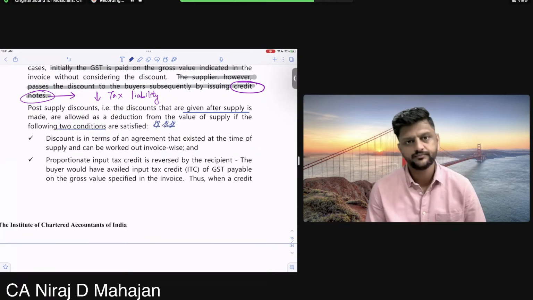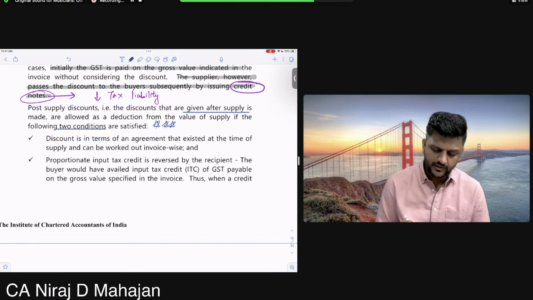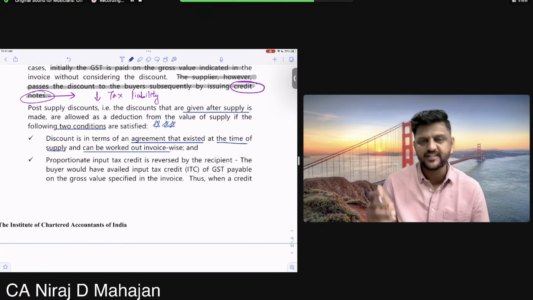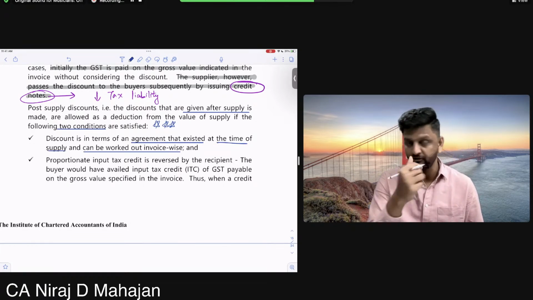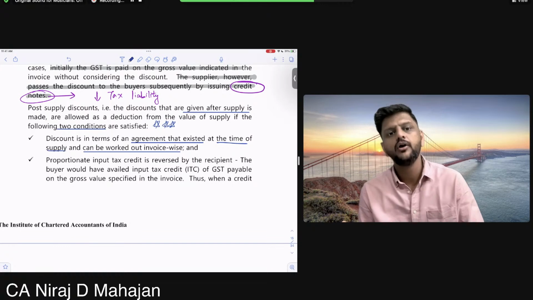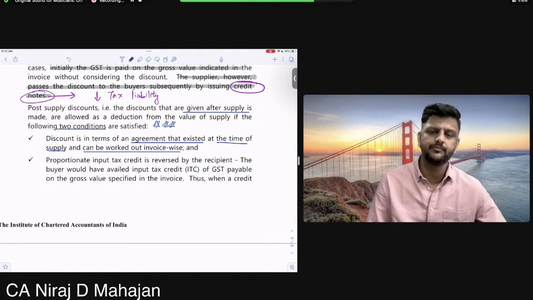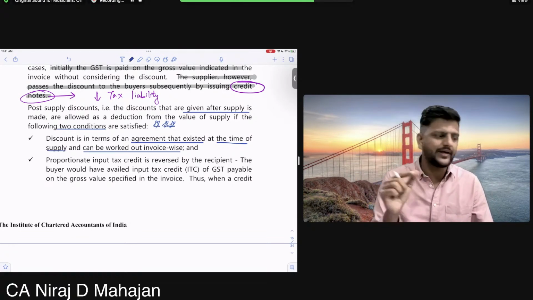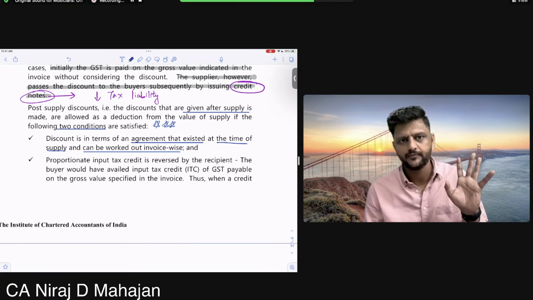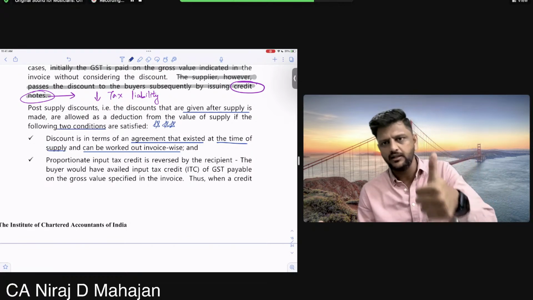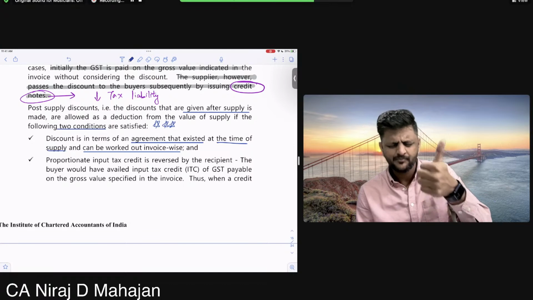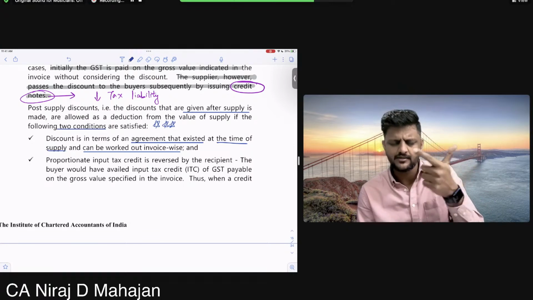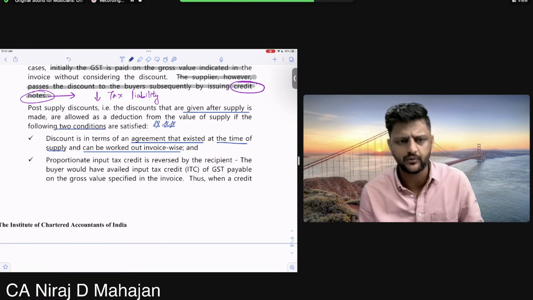Very important, children. The discount is in the terms of an agreement that existed at the time of invoice, and you can calculate that invoice wise. That for this invoice, how much discount I can give, or for the next invoice, when were you eligible? So invoice wise, we can calculate the discount. First of all, agreement done at or before the supply, and you can calculate invoice wise discounts. Okay, calculation can be done that way.